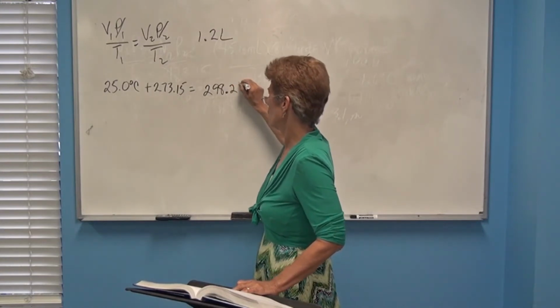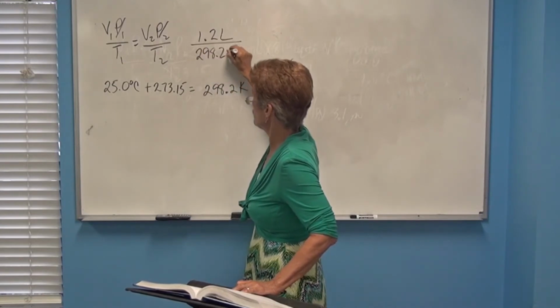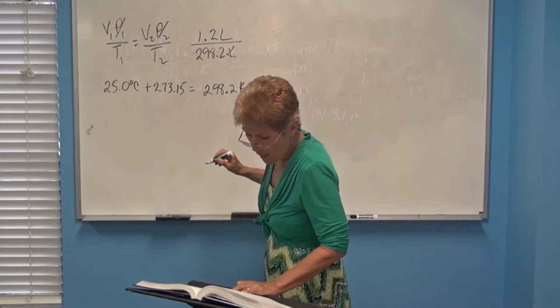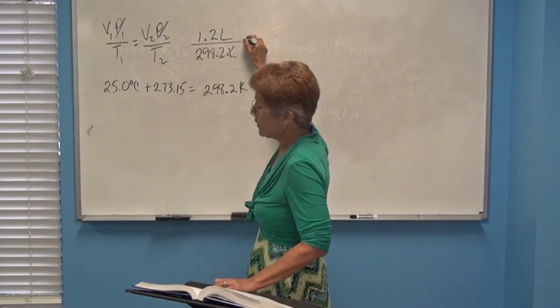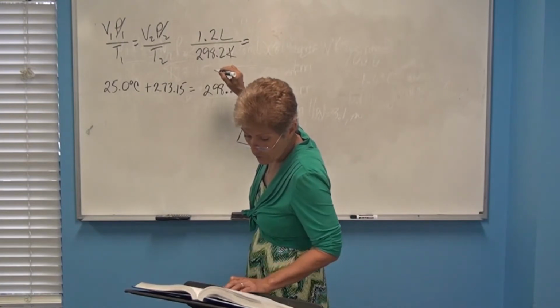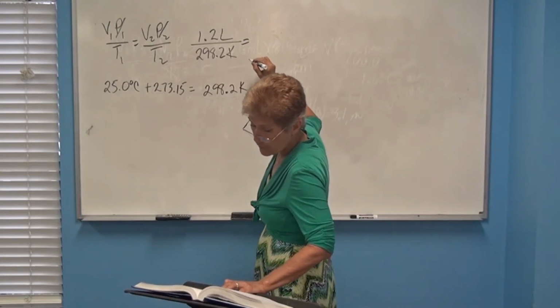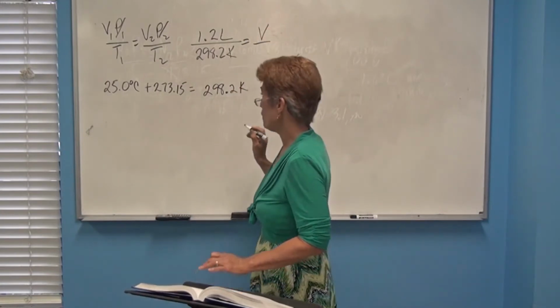and that's going to give me 298.2 Kelvin. So I'm going to put that in, 298.2 Kelvin. And then, let's see, what is the new volume? So what is the volume if the temperature is 50 degrees?